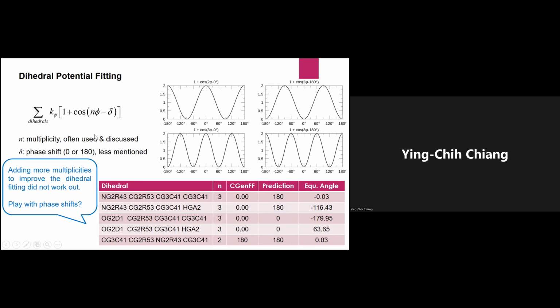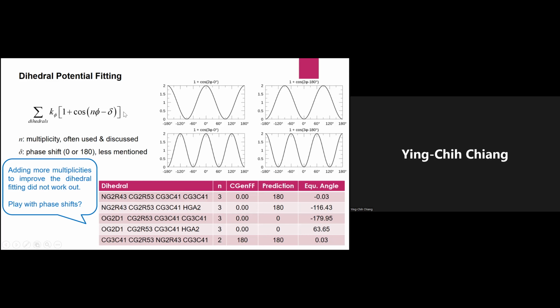If a fitting is bad, people usually just check the multiplicity and see if we are using the right one, and increase it to see if you can improve the potential fitting. And there is one last parameter called the phase shift, which is usually taken as 0 or 180 in the CHARMM force field. But how to determine it is less discussed in the literature.